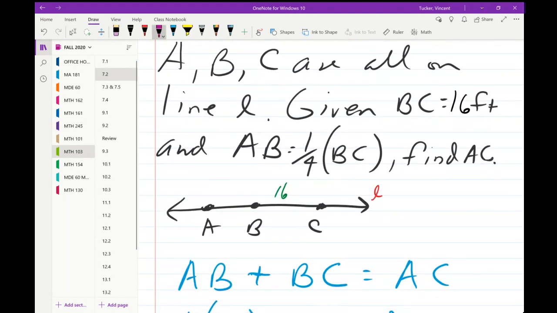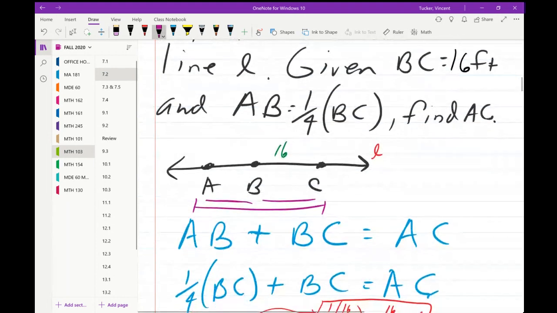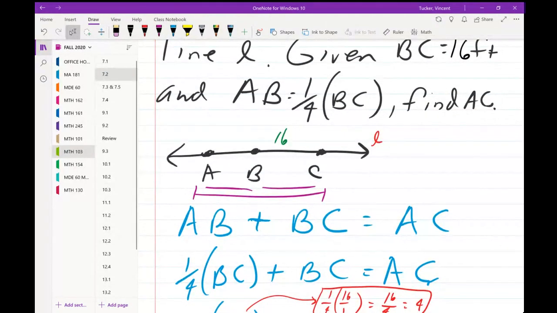All right, so if we look at how this one is set up, AB plus BC is equal to AC. So that's the equation. They give us BC to be 16 and then tell us that AB is equal to 1/4 of BC.